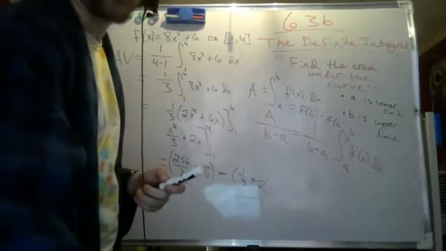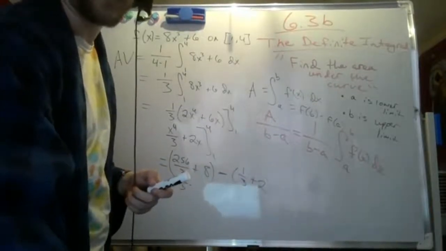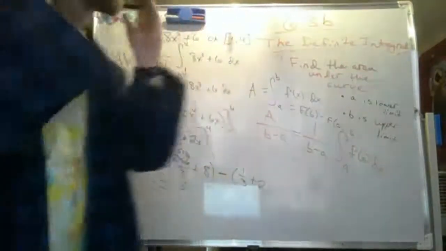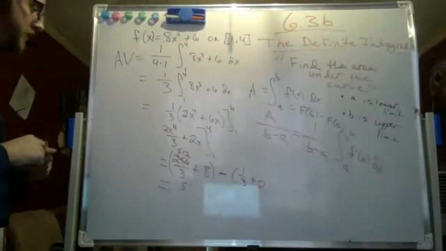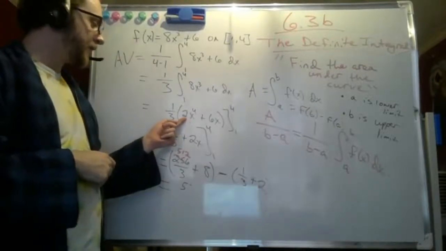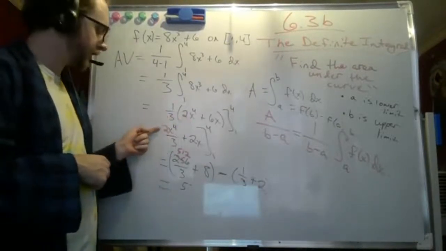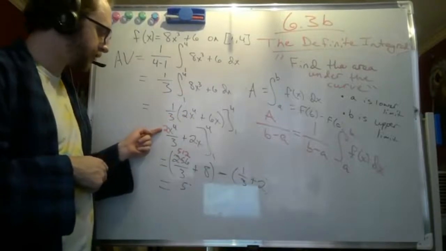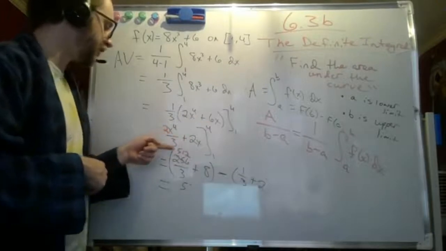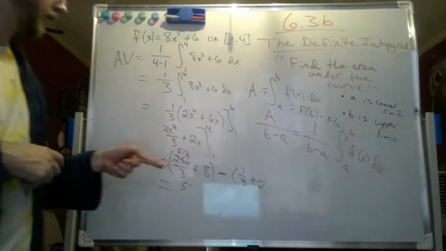Now hold on, something does not quite look right here. Let me get my calculator and double check because something's not adding up. Okay, I'm back. So there was a slight mistake here. When I distributed my 1/3, I forgot about this constant 2. I should have left it here, so it was 2x to the 4th divided by 3. And so when I plugged in 4, I should have had 512 divided by 3.